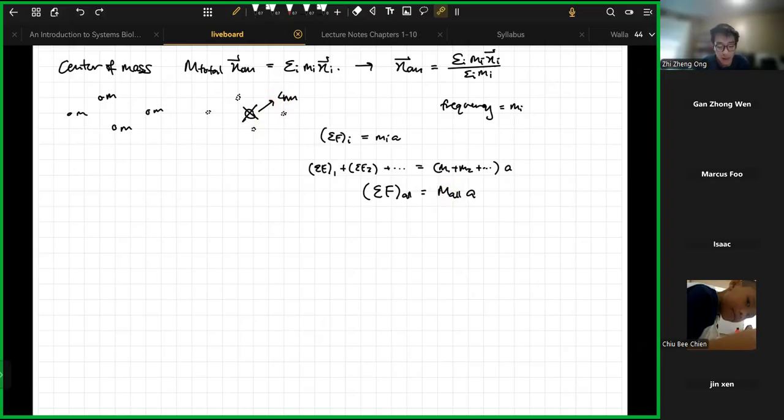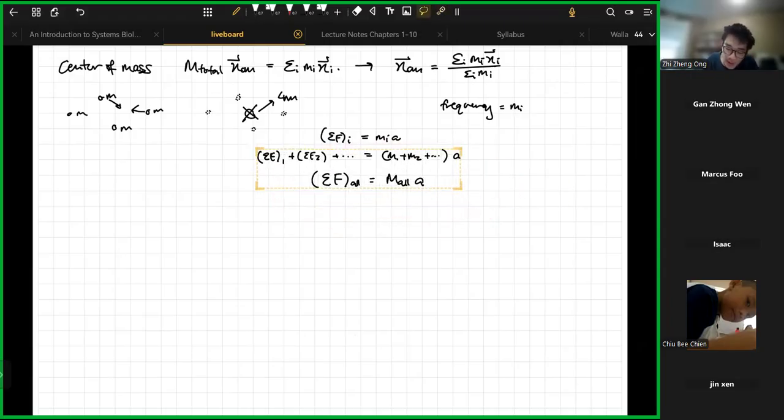And then Newton's third law says that it's valid to do this. Why is it valid? Suppose there is an interaction between M1 and M4. Can I still use this? The answer is yes, because Newton said so, and that's in Newton's third law.